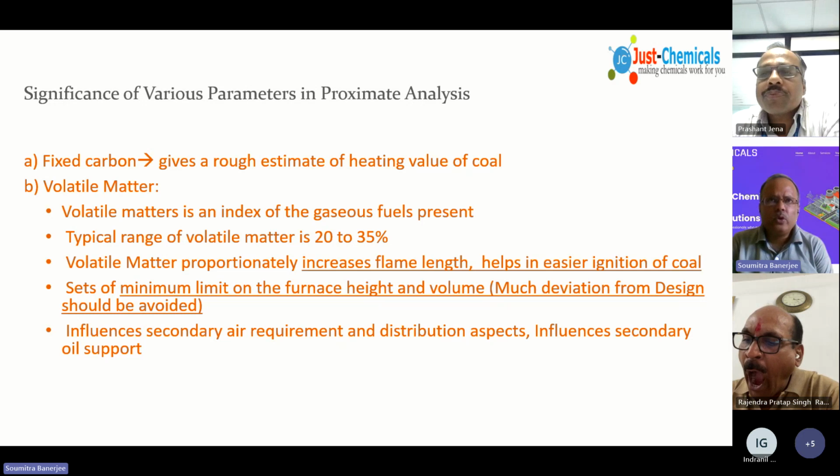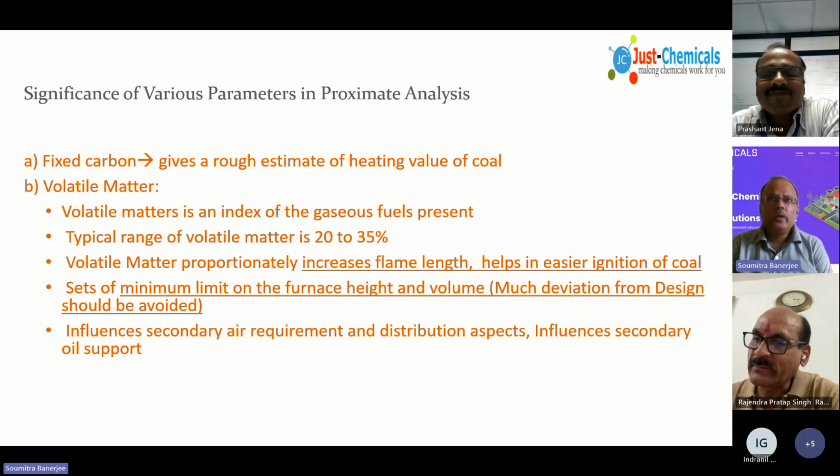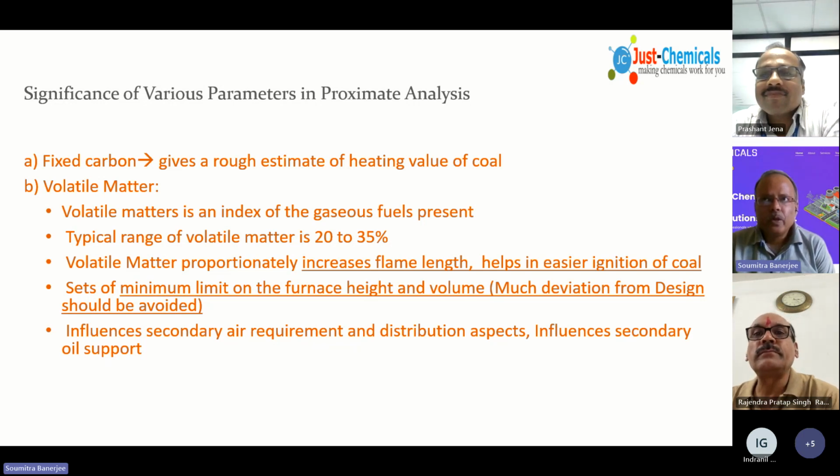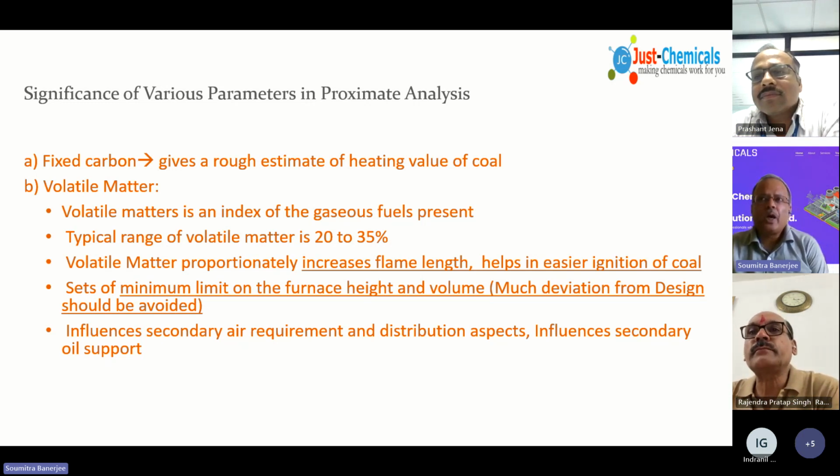But you are quite experienced actually, Jena sir. You know the operations aspects particularly. When the unburned carbon is high, we have to assess whether it is charred carbon or very minute particulate carbon.